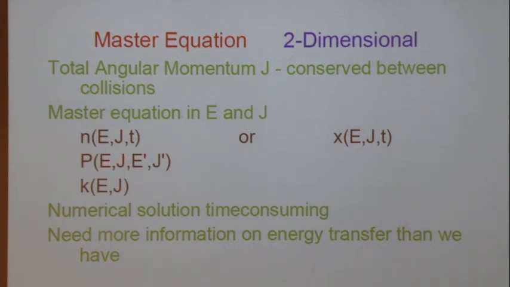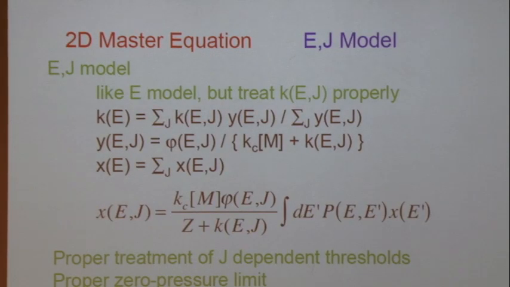Every time we collide, I could transfer angular momentum as well. And so that gets complicated. And in fact, the rates could also depend on the angular momentum. So now this gets to be time consuming and complicated, because the matrices are just too big to handle. And also, we don't even know enough information to reduce the energy transfer, much less the energy correlated with the angular momentum transfer. So there are people doing experiments to try to measure this, but I would say we just don't know.